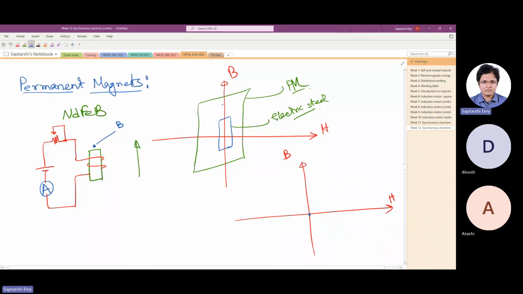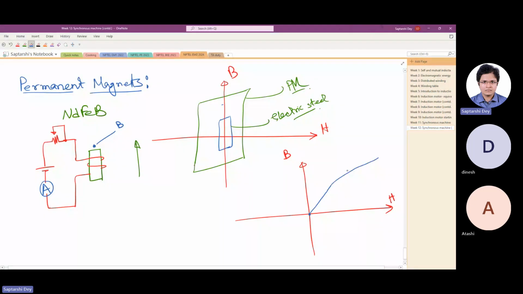Now I keep increasing H. B keeps increasing, saturates, goes like this.